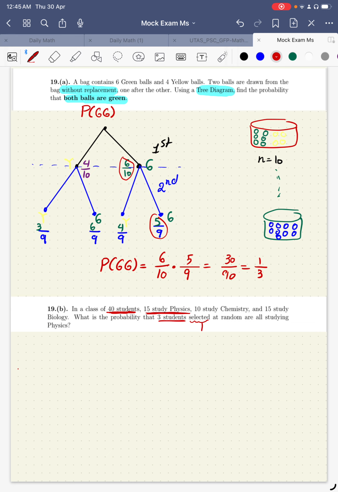Remember, if you have the word selected, means you're gonna use what? Combination, because the order doesn't matter. At random are studying physics. So we should remember that the probability equals number of ways we want divided by number of all ways.